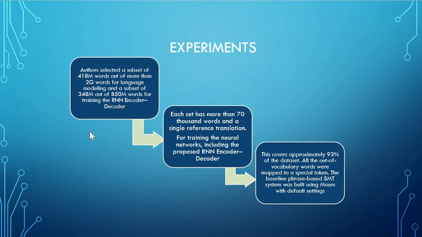All the out-of-vocabulary words were mapped to a special token. For training neural networks, there were a lot of experiments being done. The system achieves a BLEU score of 30.64 and 33.3 on the development and test sets.